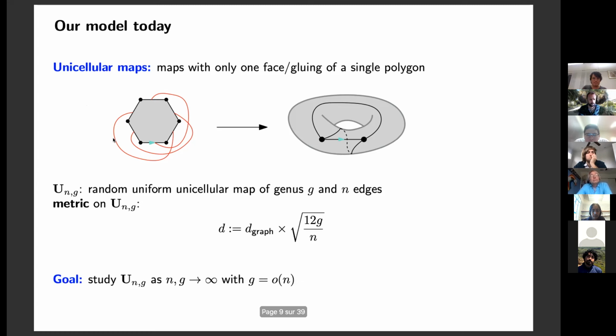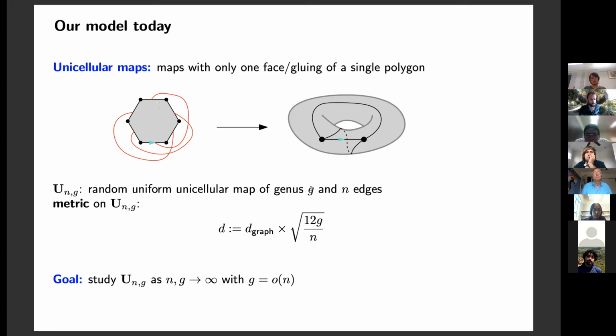And we want to study random surfaces. Given a collection of polygons, there's only a finite number of ways to build a surface out of it. In particular, for this 2n-gon, there's only a finite number of ways to glue it such that it has a given genus g.